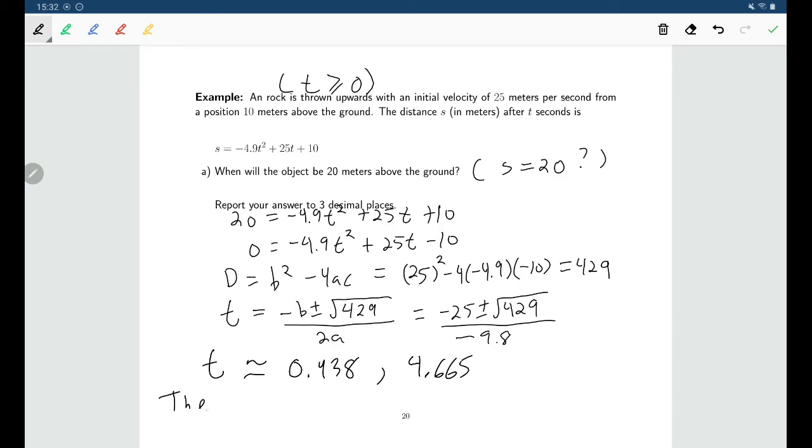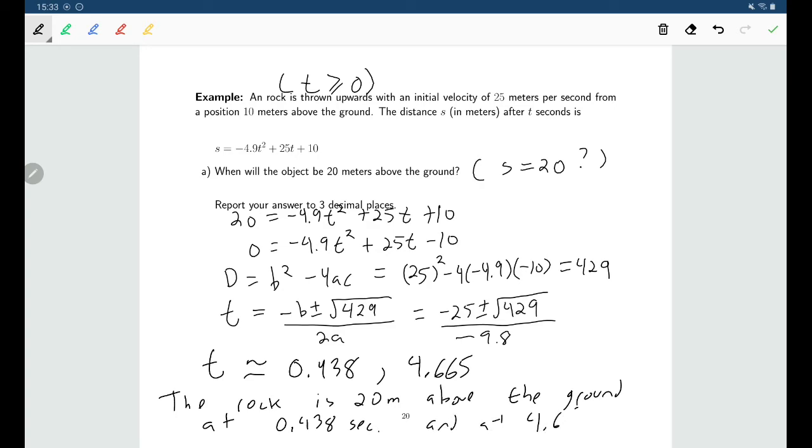So the rock is 20 meters above the ground at 0.438 seconds and at 4.665 seconds. And that makes sense with what we would expect.